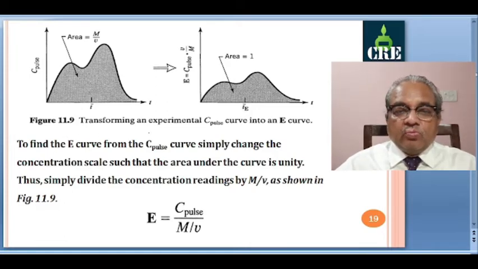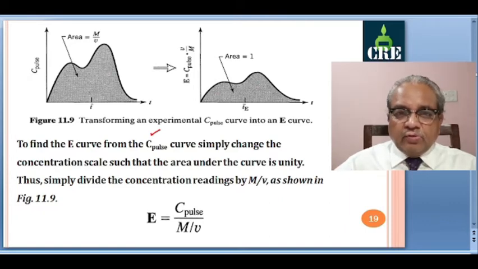So the E curve from the C curve is simply obtained by changing the concentration scale such that the area under the curve is unity. Now this area is m by v, and from this C curve we obtain what is called the E curve, the exit age distribution curve. In the exit age distribution, it is a normalized distribution, and the area under the curve is 1.